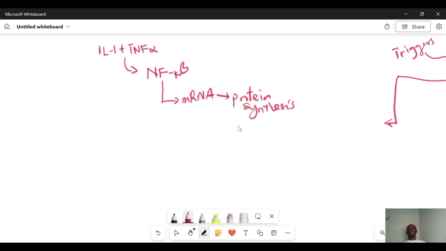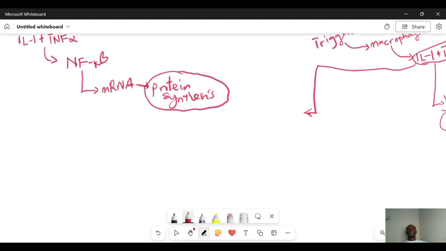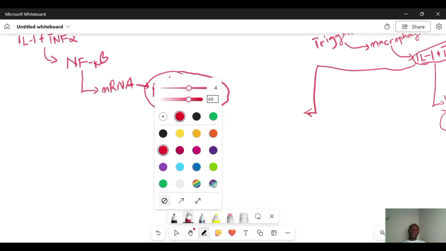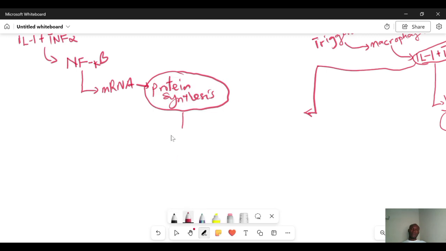Now why is this important? What proteins exactly are we synthesizing in this instance? Importantly, the proteins that are synthesized, your guess is as good as mine, are more pro-inflammatory cytokines.